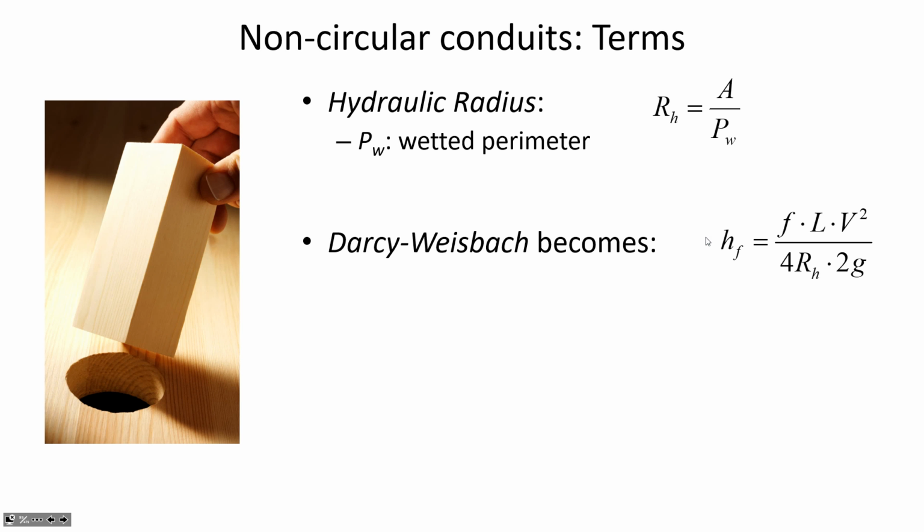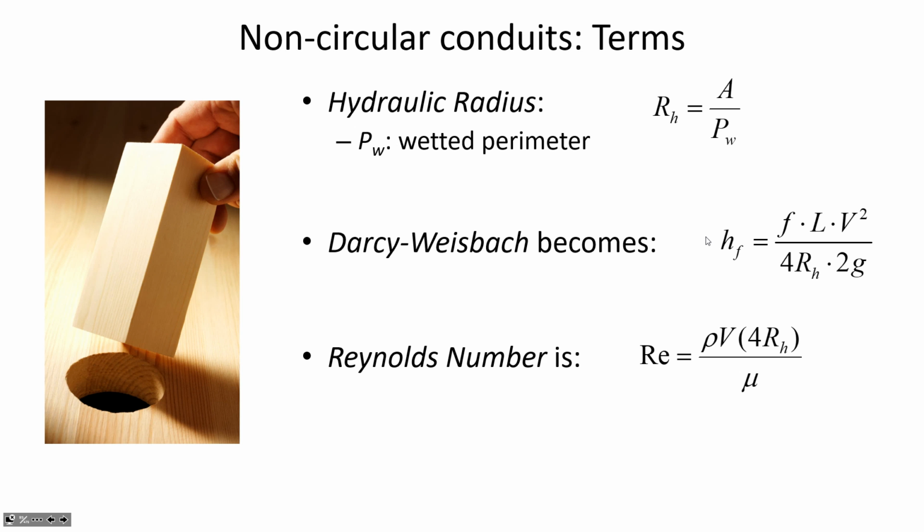And all the other formulas that rely on D work out the same way. In the case of Reynolds number, where it's velocity times diameter divided by the kinematic viscosity, instead of diameter, we say 4 times the hydraulic radius.